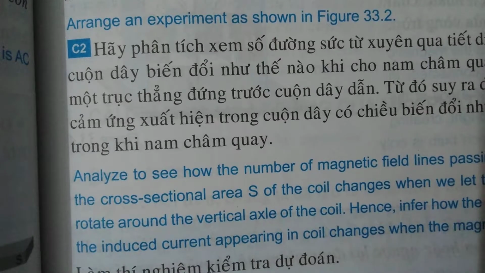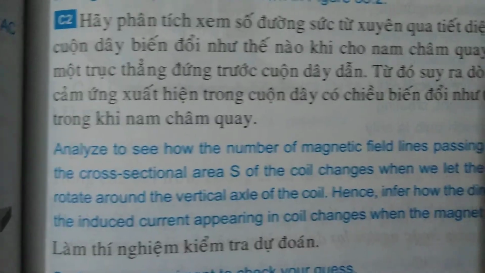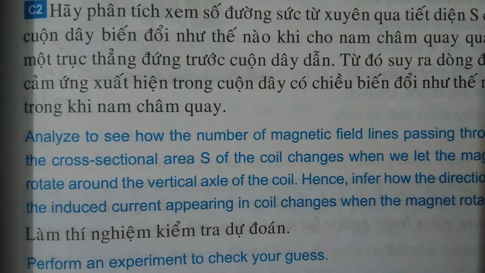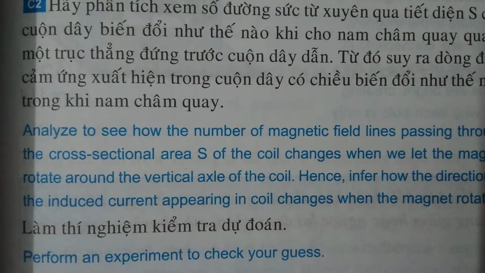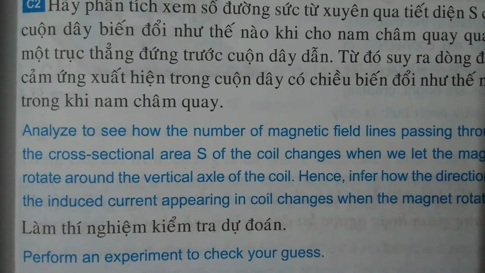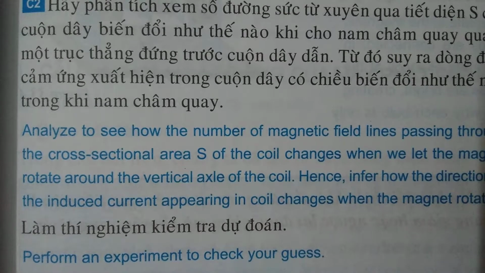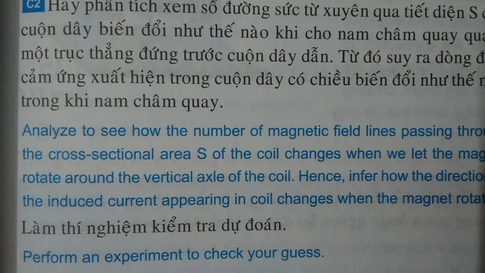Analyze to see how the number of magnetic field lines passing through the cross-sectional area S of the coil changes when we let the magnet rotate around the vertical axle of the coil.